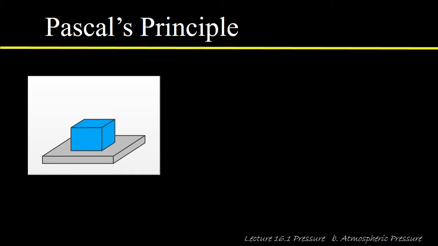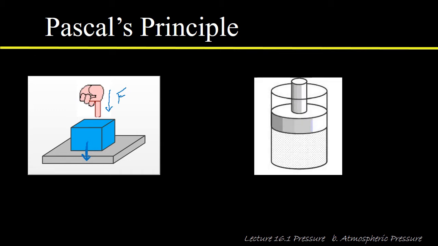If we imagine someone pushing down on that object, that cube, that's going to create a force downward on that object, and then that object is going to transmit that force downward onto the table. And it's going to subject the table also to a force in the same direction. Okay? Now that's different from fluids, both gases and liquids.